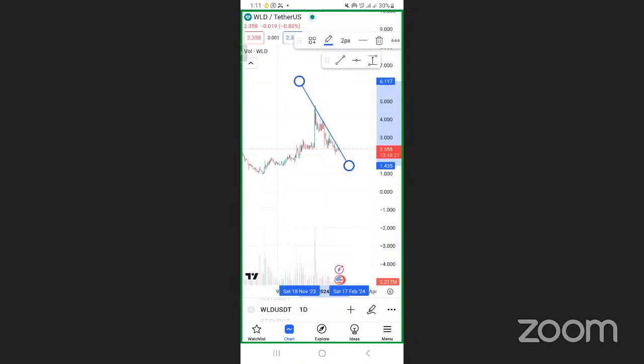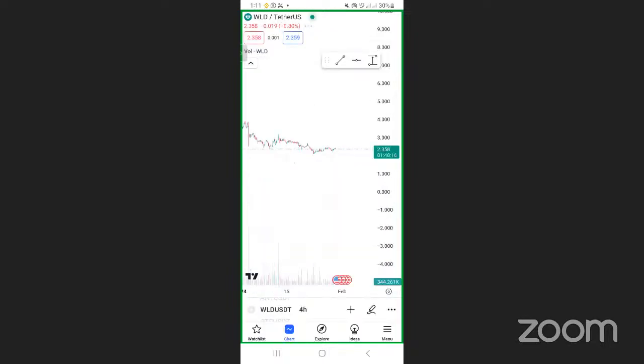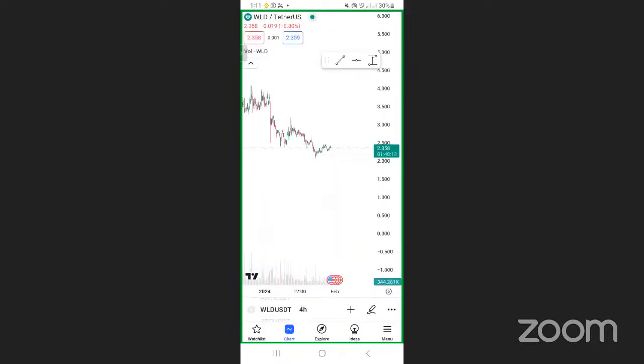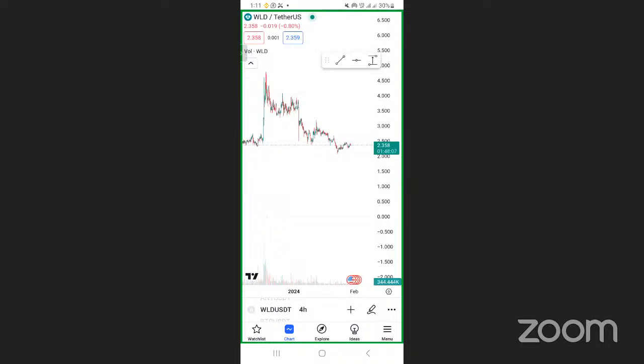So if I go to a 4 hours chart, I can see what's happening. At 4 hours, what are we seeing as a general picture?